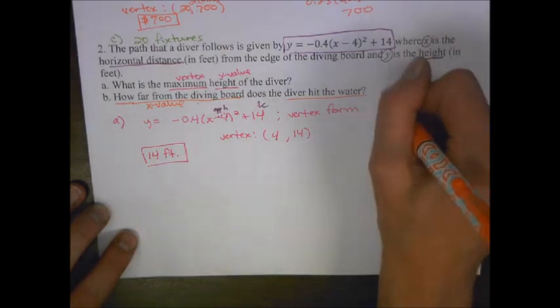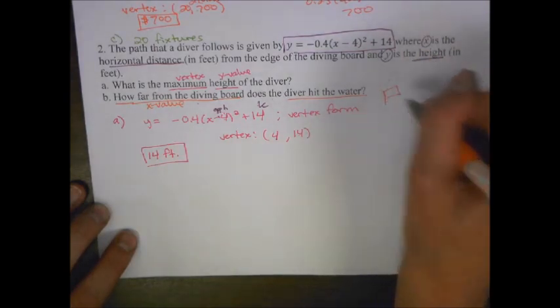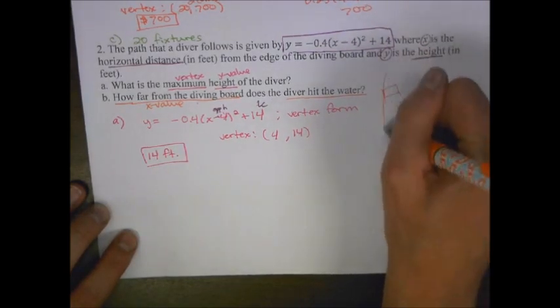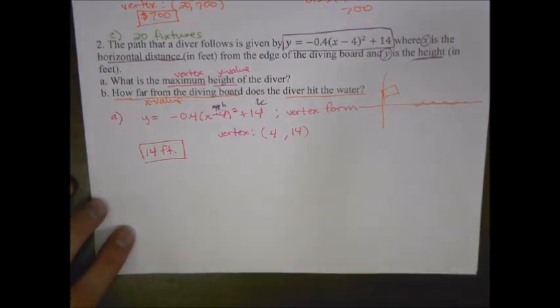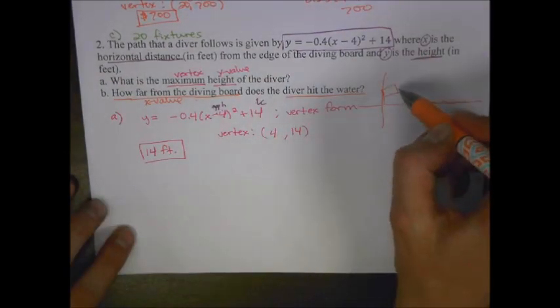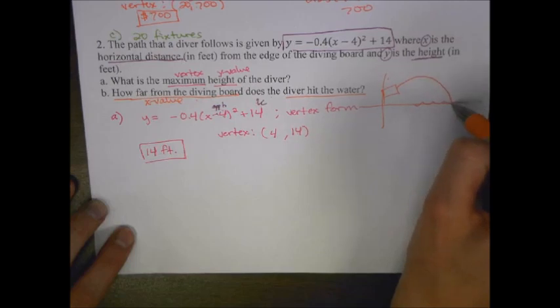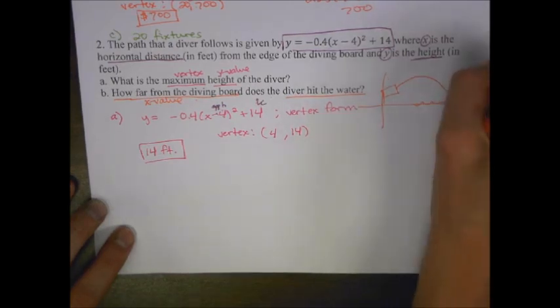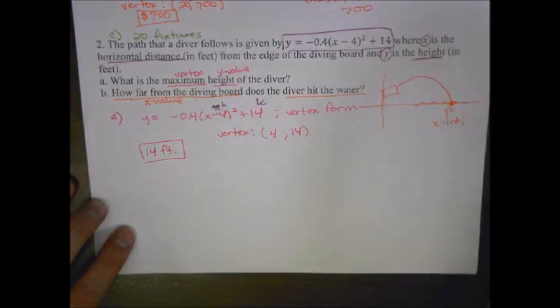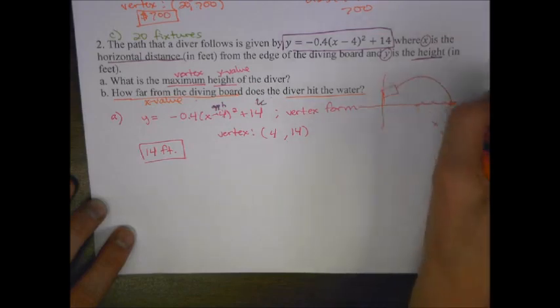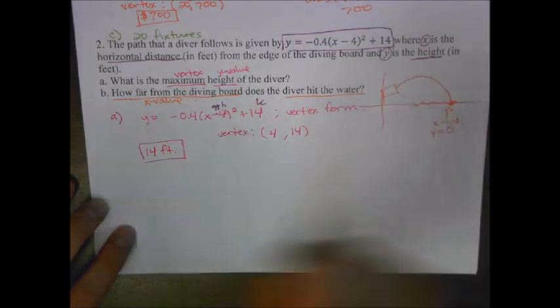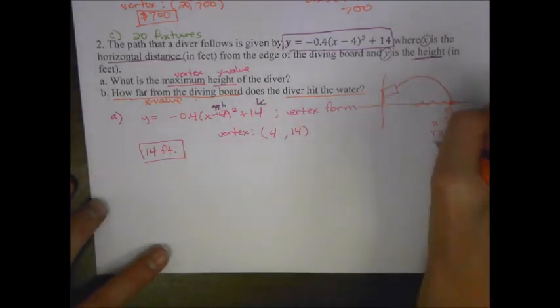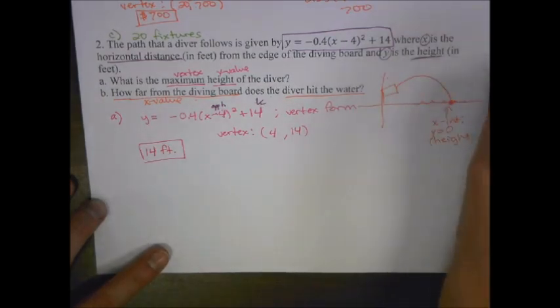So if I'm picturing a diving board and some water as my graph, my diver dives, I hit the water. This point is an x-intercept. Or you can think that it occurs when y equals 0, or my height, my y, is 0.